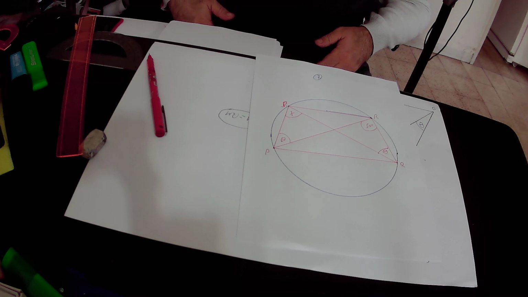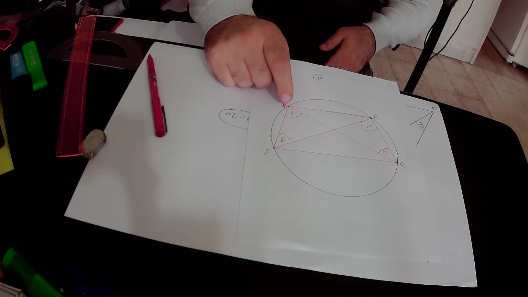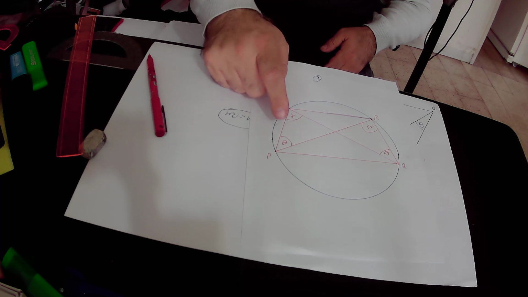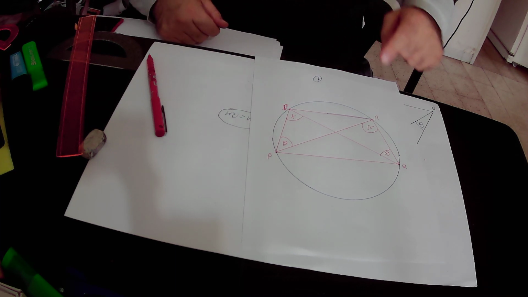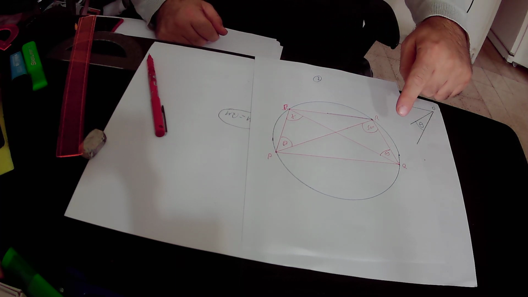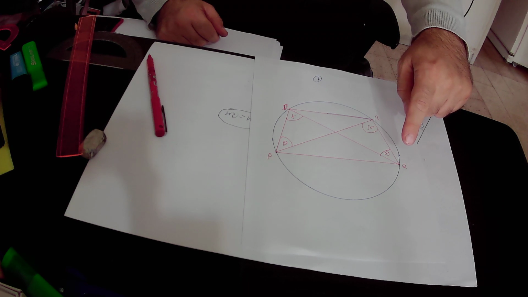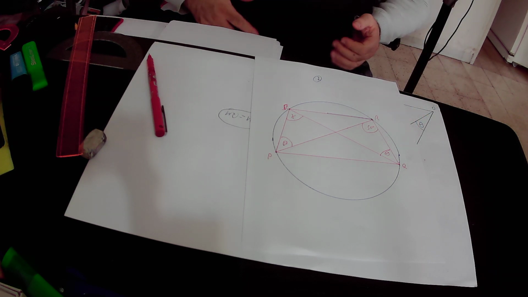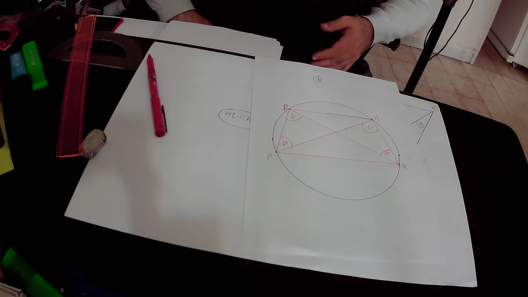We can see from the drawing that angle X subtends on chord PQ, and angle PRQ subtends also on the same chord PQ. According to rule number 2, if two peripheral angles subtend on the same chord, they are equal to each other.